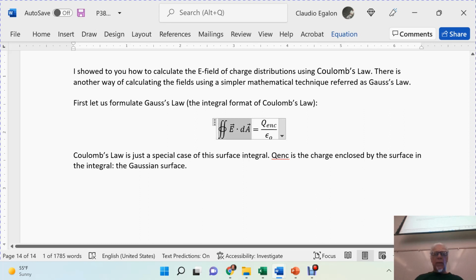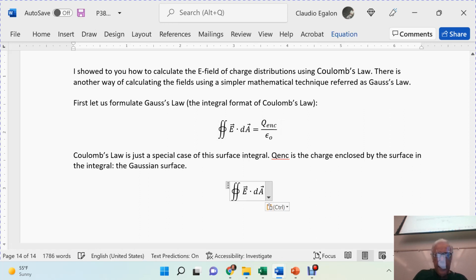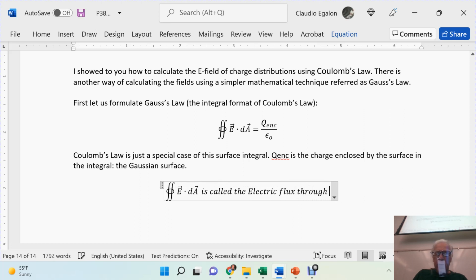And this term that you see right in here has a special name. This term is called the flux, electric flux. E dot dA is called the electric flux through an enclosed surface.